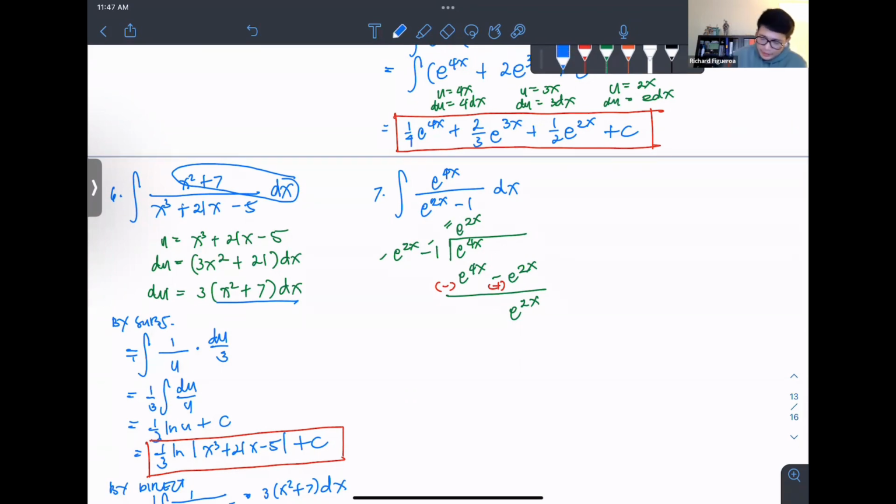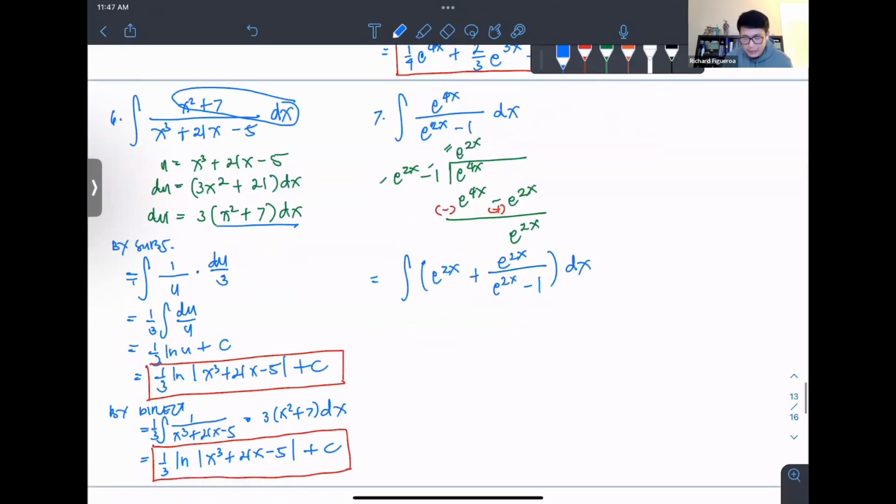In short, this is the same as e raised to 2x, and then plus the remainder, which is e raised to 2x, divided with the divisor, e raised to 2x minus 1. And everything is multiplied with dx.